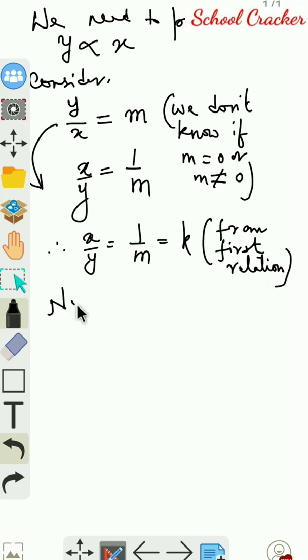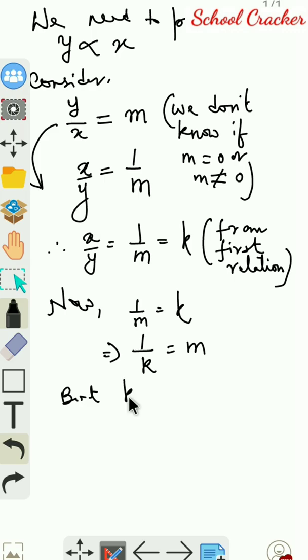Now 1 by m equals k, so I can simply write 1 by k equals m, but k is not equal to 0, therefore 1 by k is also not equal to 0, that is m is not equal to 0.